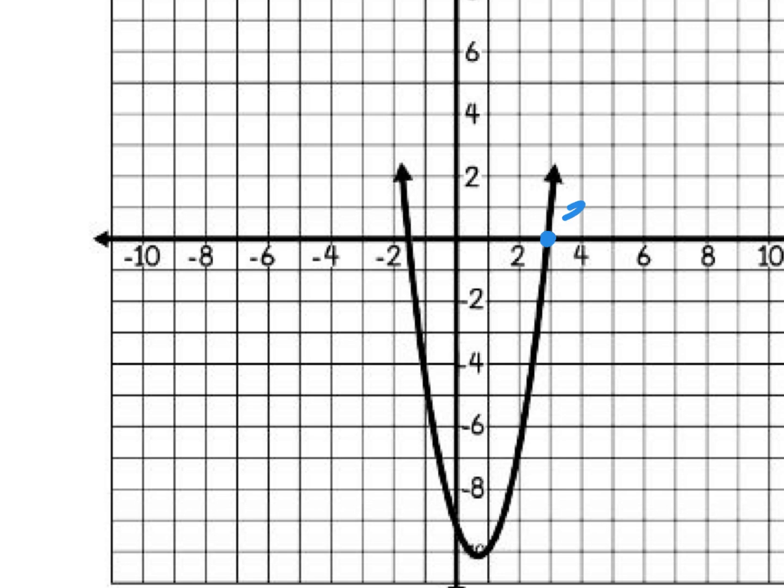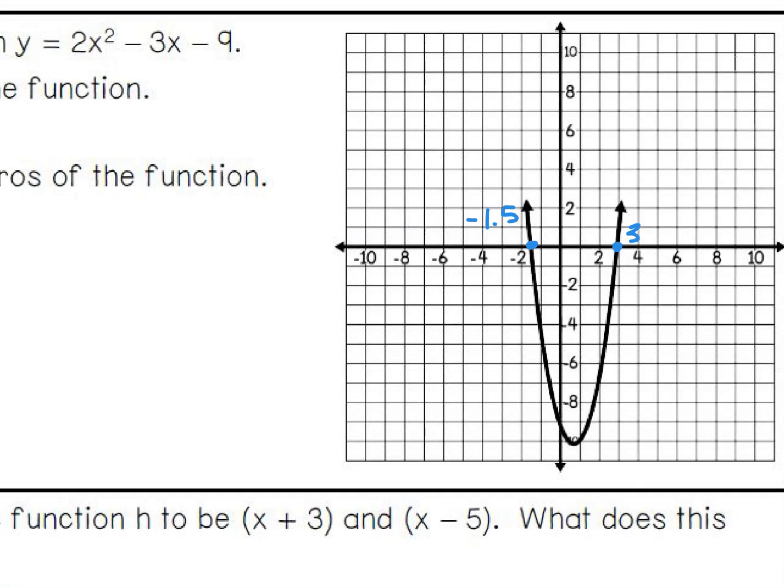We know this is definitely 3. What do you think that one is? -1.5? We could write it as an estimate. Maybe it's -1 1/3. Maybe it's -1 2/3. Who knows? So this is where factoring is going to actually be helpful.